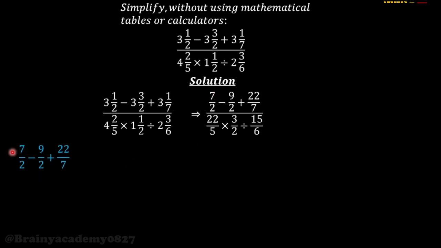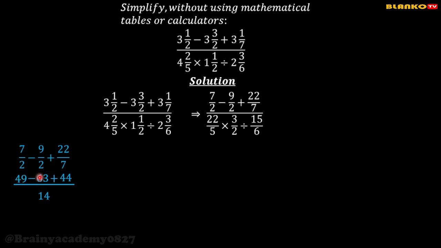So let's take the top part. We have 7 over 2 minus 9 over 2 plus 22 over 7. We find the LCM, which is 14. 2 goes into 14 7 times, so 7 multiplied by 7 is 49. Minus, 2 goes into 14 7 times, so 7 multiplied by 9 is 63. Plus, 7 goes into 14 2 times, so 2 multiplied by 22 is 44.